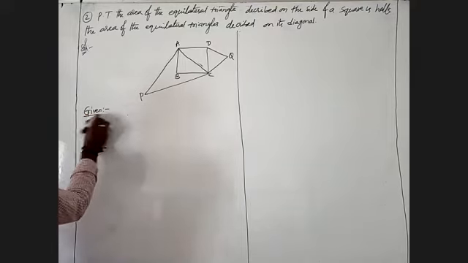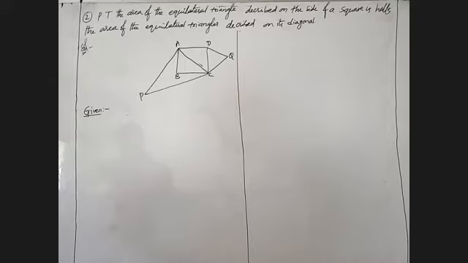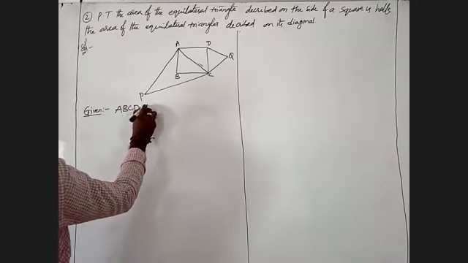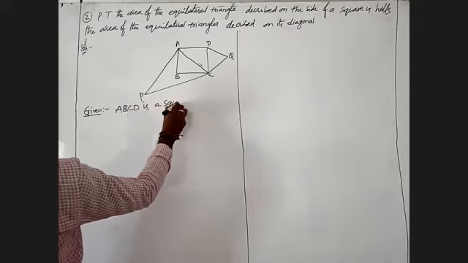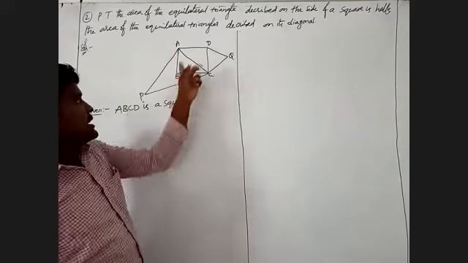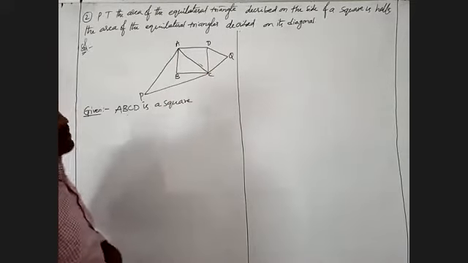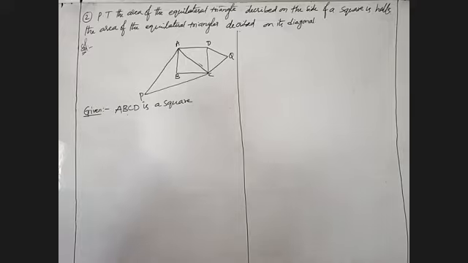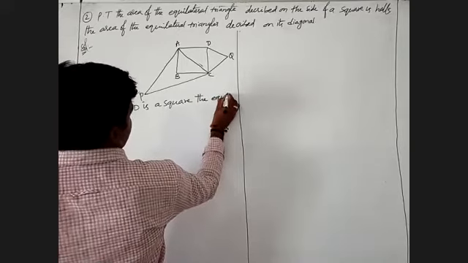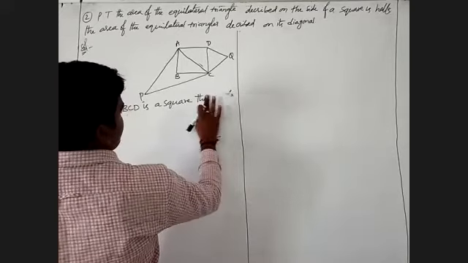What is the given in this one? I will write the given statement. ABCD is a square. We will observe here, we will draw two equilateral triangles in this square. What are the equilateral triangles?